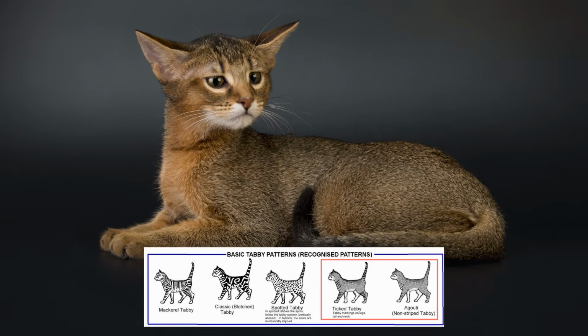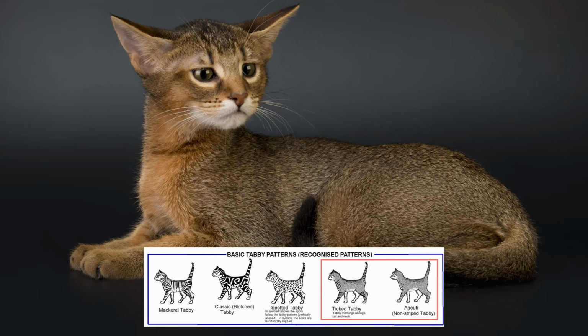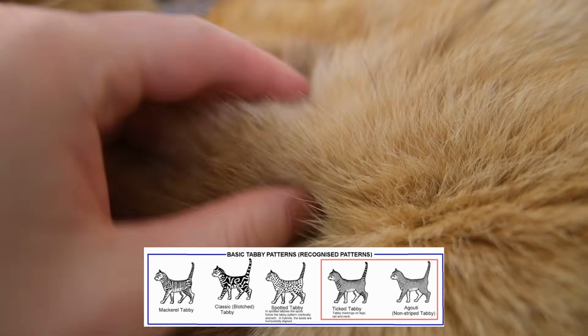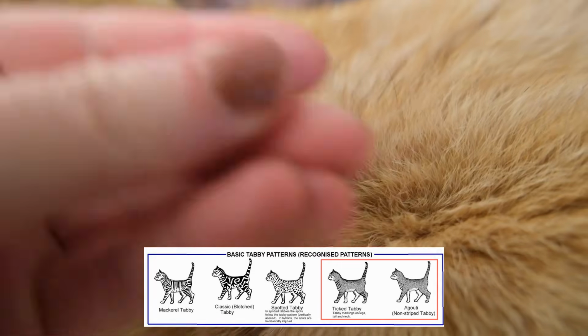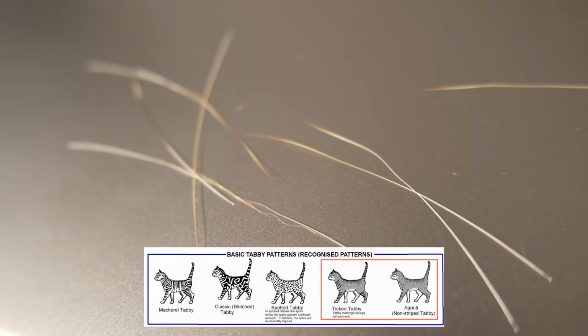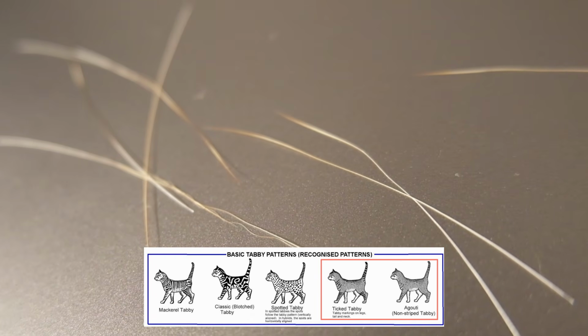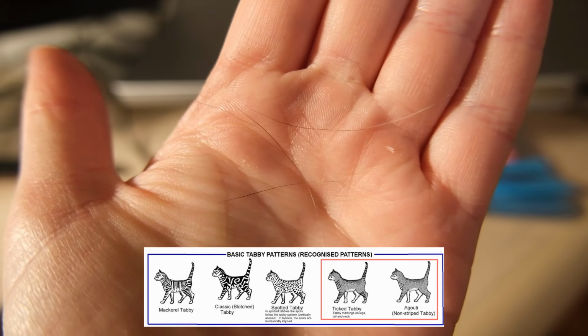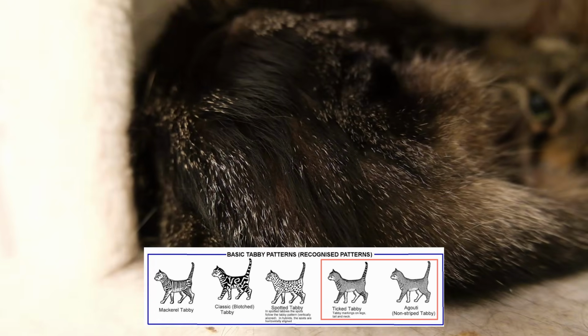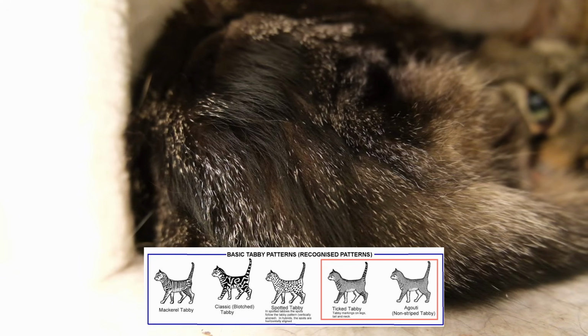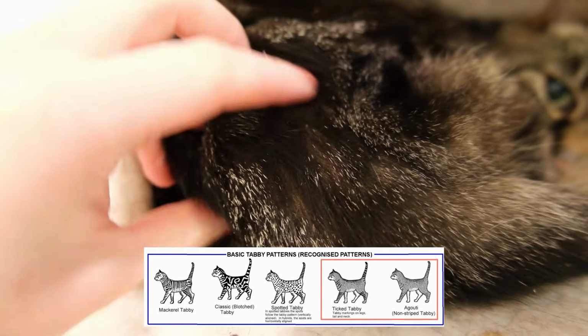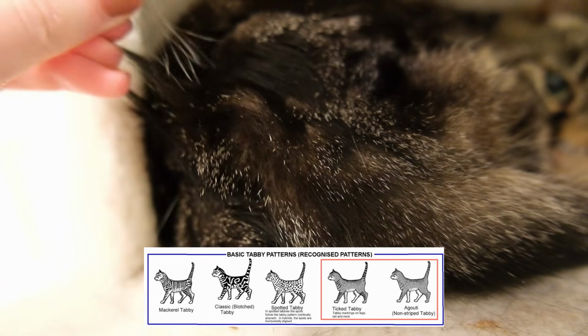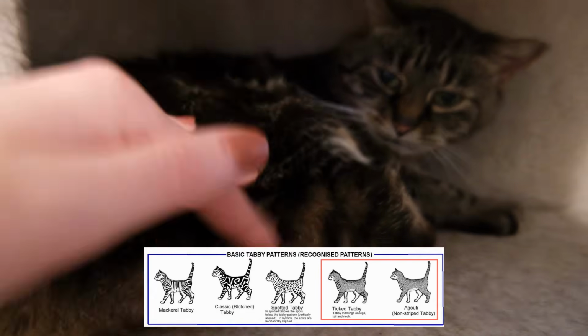So all tabby cats have the agouti gene, which causes their fur to have different colors on each strand of hair. So if you look closely at a tabby cat's coat, you'll notice that the strands have multiple colors on them. The way that tabby cats get their stripes and markings is by variation in the different colors on each strand. So the darker parts that are at the top will form the markings of the cat.